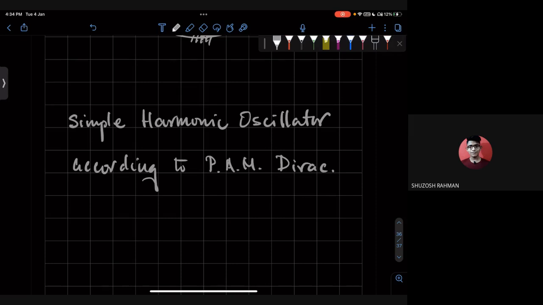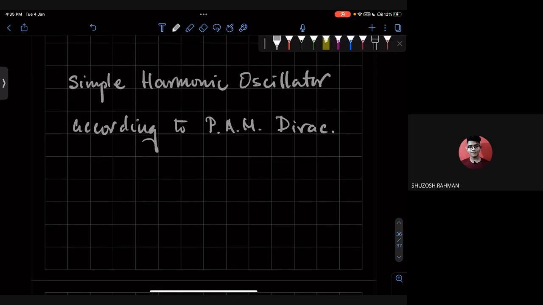So Dirac found a different, very interesting way of looking at these harmonic oscillator solutions. So let's start with our Hamiltonian again.